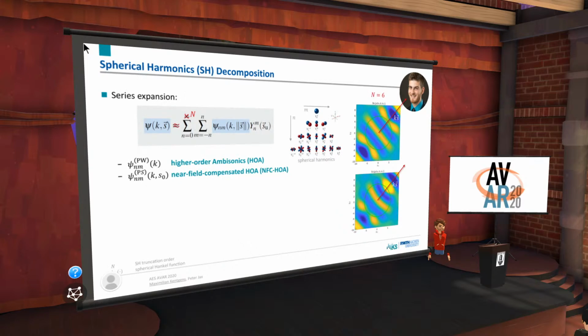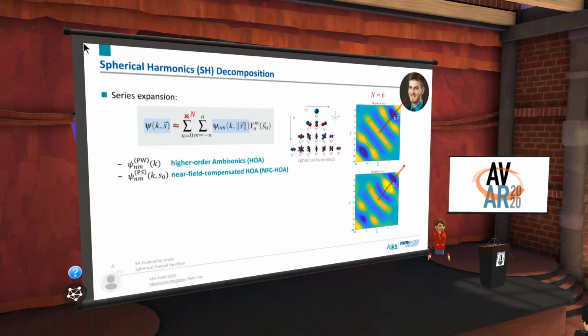Now, since psi plane wave and psi point source are simply functions on the sphere, we can describe them with a Spherical-Harmonics series expansion, where Y_nm are the basis functions, and psi_nm are the coefficients that describe our signal.